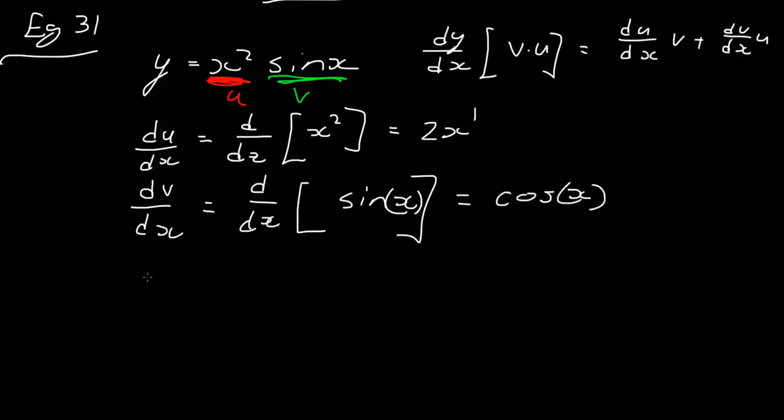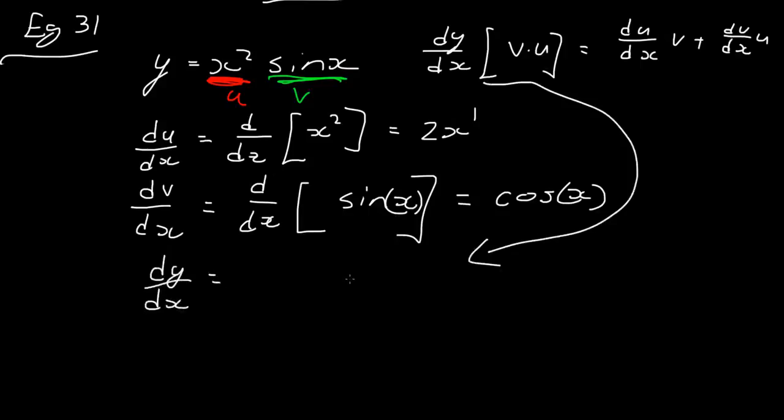Now we can just substitute into our formula. You should actually rewrite this formula over here, but I'm not going to. So now we've got dy by dx is equal to du by dx, which is 2x, times v, which is sine x, plus dv by dx, which is cos x, times u, which is x squared.